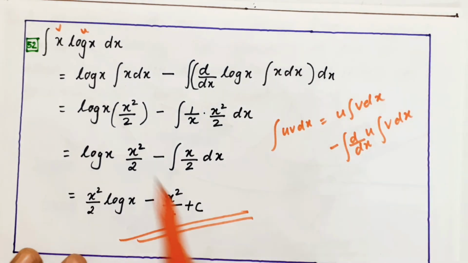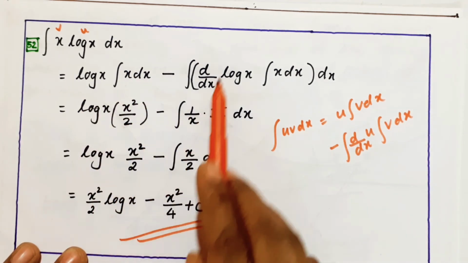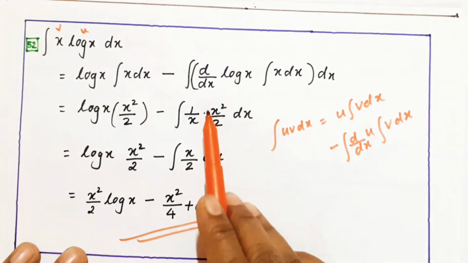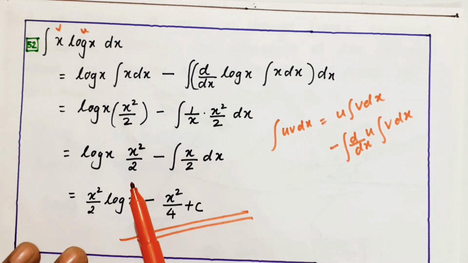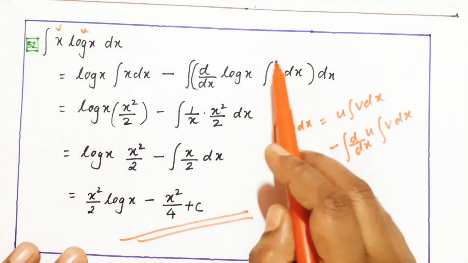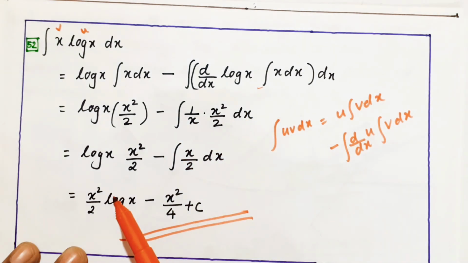So if you check it here, log x into integral of x dx is x square by 2 minus d by dx of log x is 1 by x into this integral will come as x square by 2 dx. D by dx of log x is 1 by x. Integral of x dx is x square by 2. 1 x cancel.